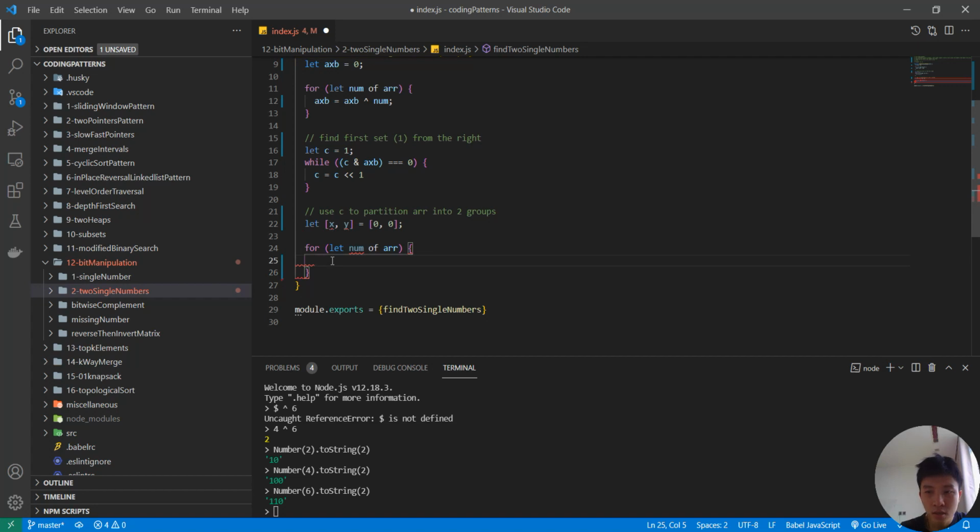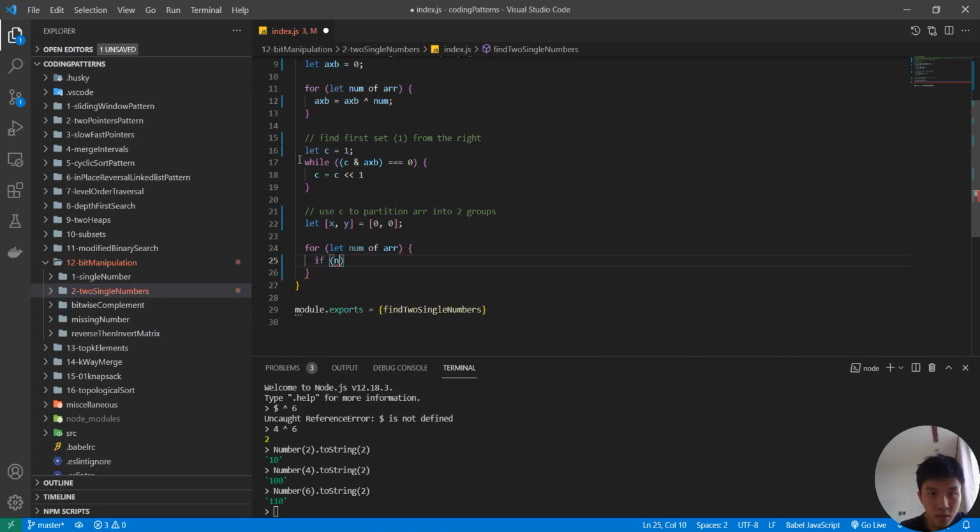So here we can sort the two groups: the group where AND with c is 0, and the group where AND with c produces a non-zero number.